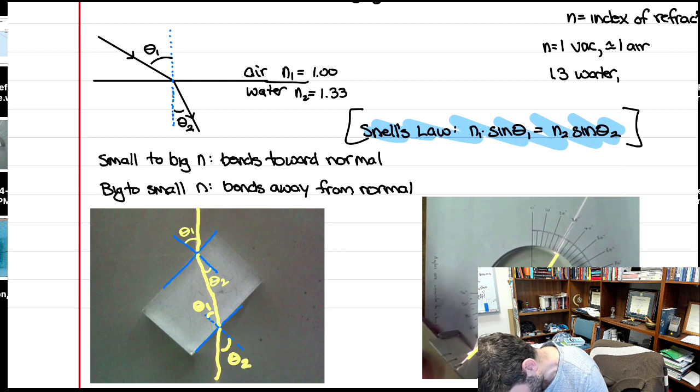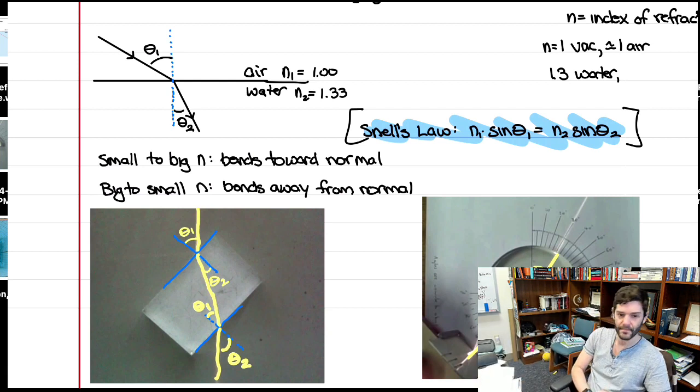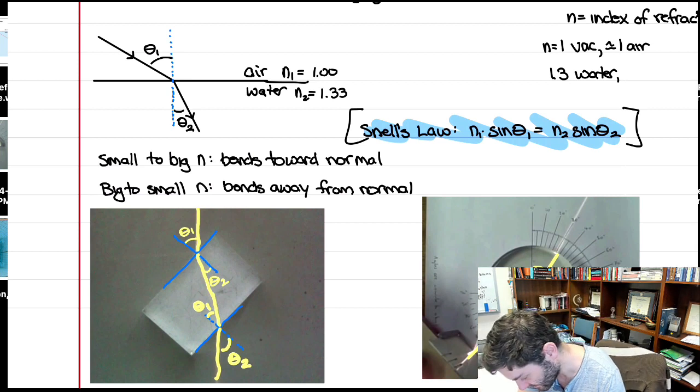And again, if we draw some normal line, it seems like we have our incident angle, theta 1, and then we have our refracted angle, theta 2. And it bends closer to the normal because plastic has a higher index of refraction.